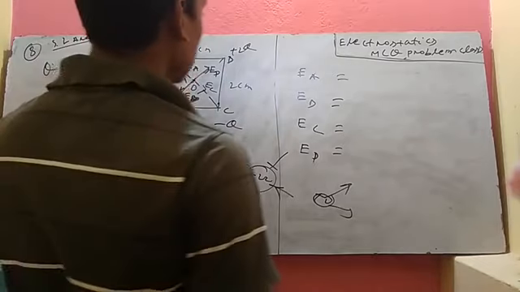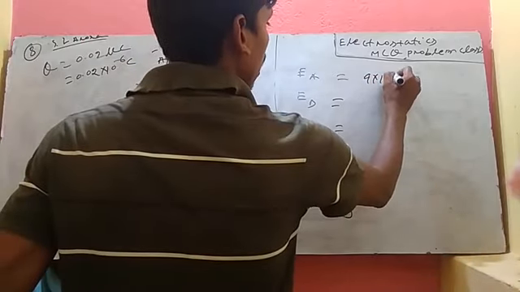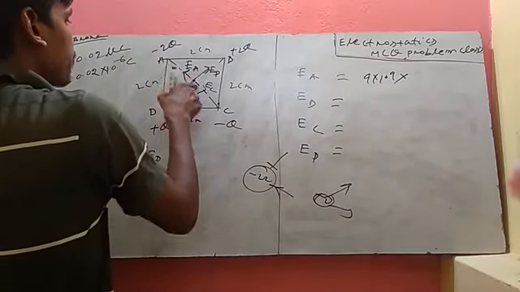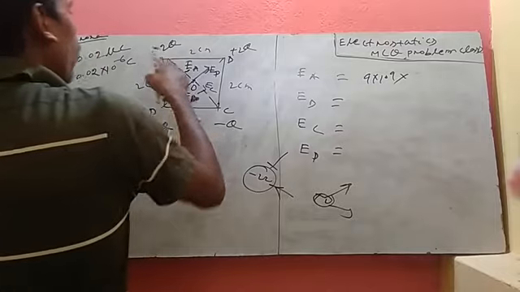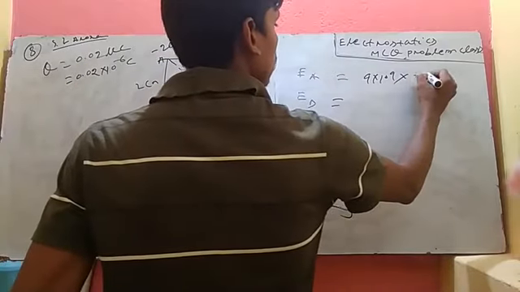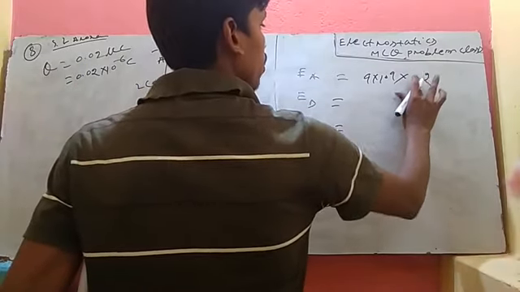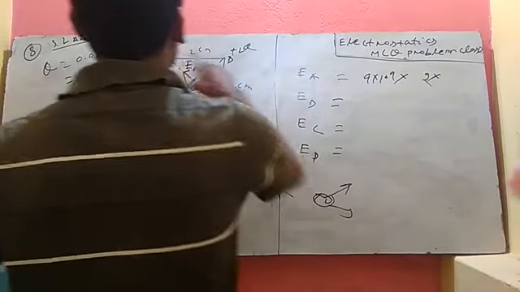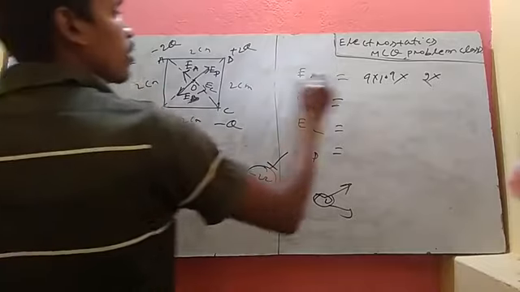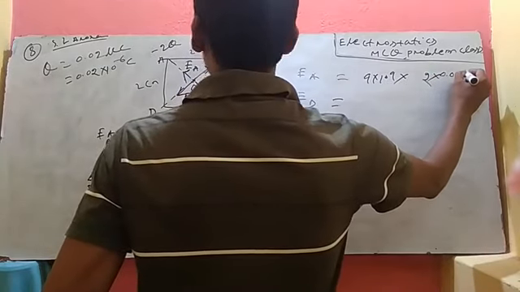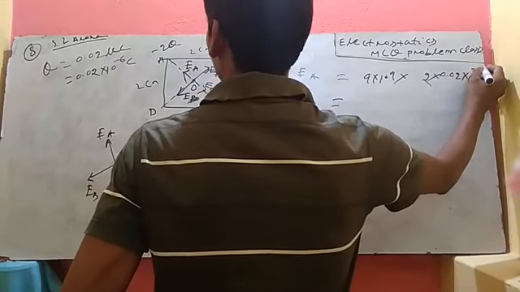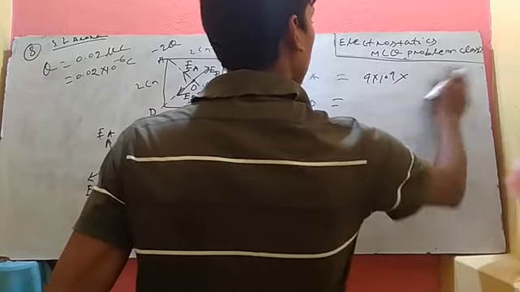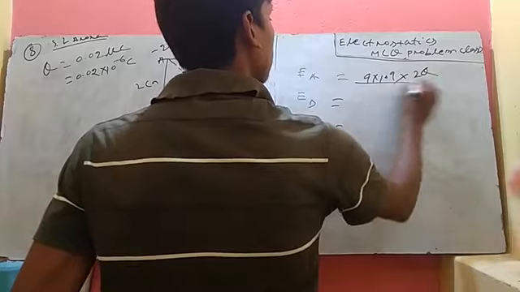EA is 9 into 10 to the 9 into q by r square. The magnitude of the charge is 2q, so 2q by r square.